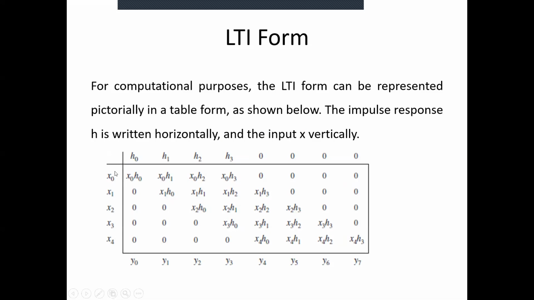I'm going to arrange the input x vertically, and h horizontally. In this example, I have appended h by 4 zeros. Now the question is, why have we appended h by 4 zeros, no more, no less?